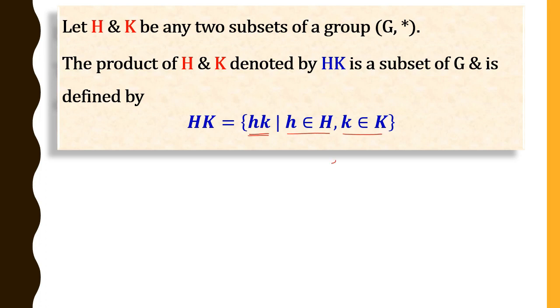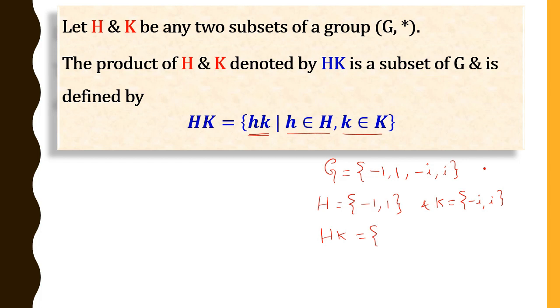For example, let G be the fourth roots of unity, that means -1, 1, -i, i. We know that it is a finite abelian group under multiplication. Let H be equal to {-1, 1}, and K equal to {-i, i}. You can consider any two subsets of G. Then what is the product of H and K, denoted by HK?